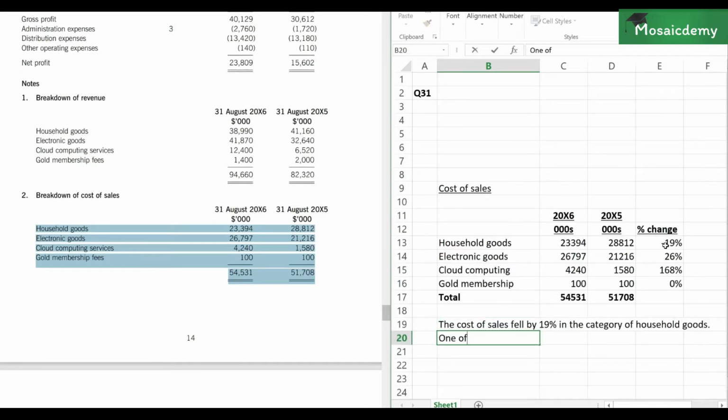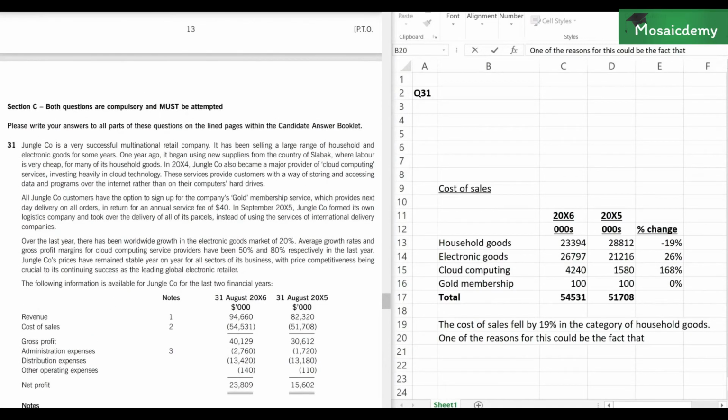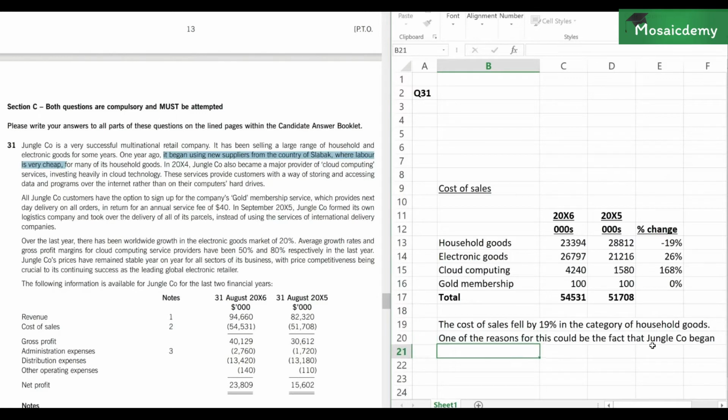Okay, one of the reasons, because there can be others, for this could be the fact that, and then we can now refer to our point up here, which was that Jungle Co began using new suppliers from the country of Slovak, where labor is very cheap, thereby driving their costs down.